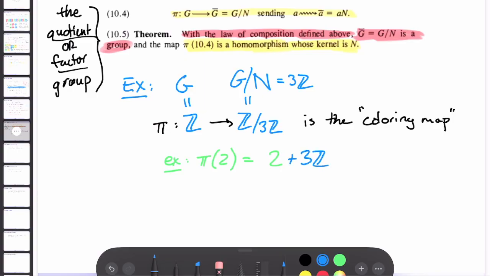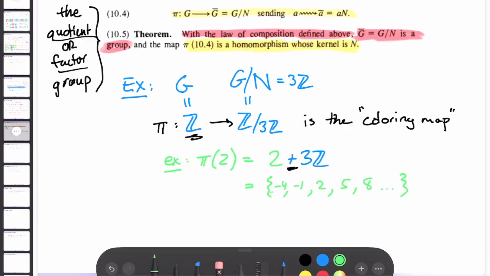The plus here is for the group law on Z. And remember that this is the set 2, 5, 8, as well as -1, -4.